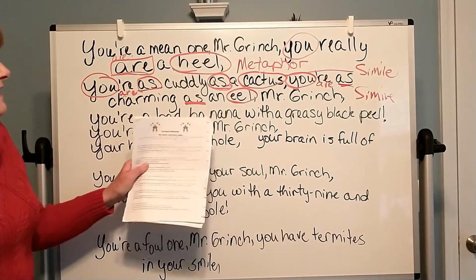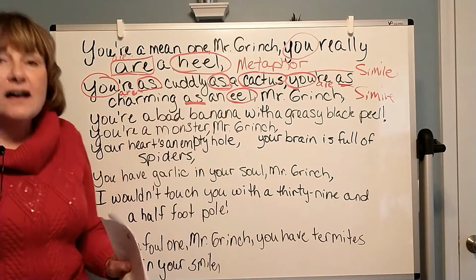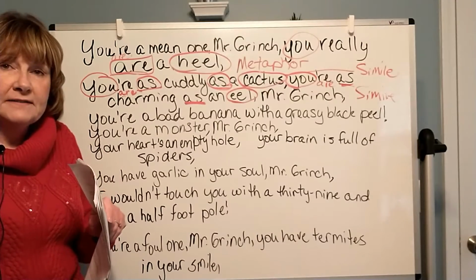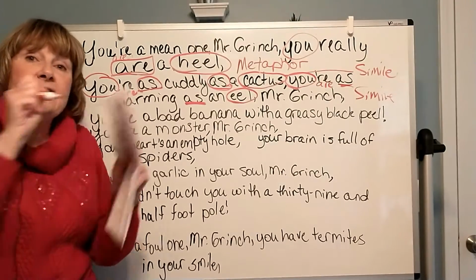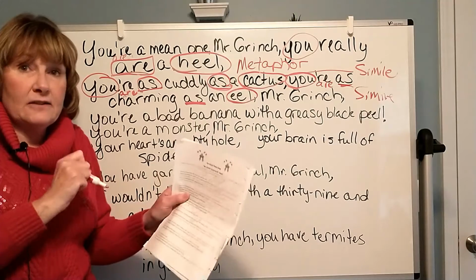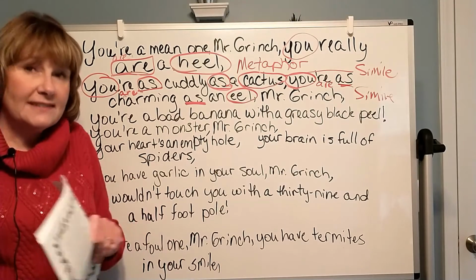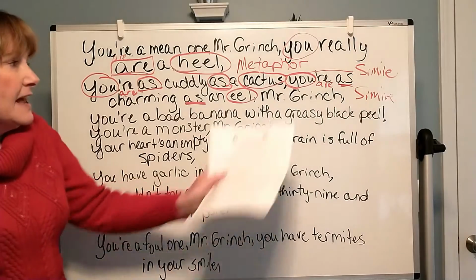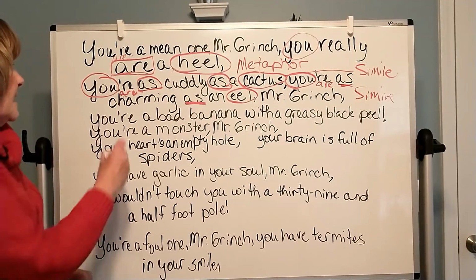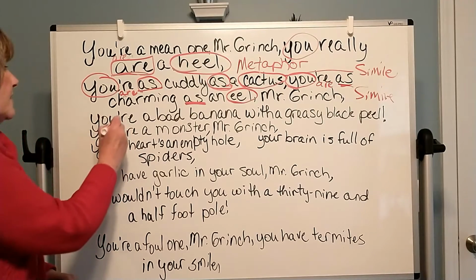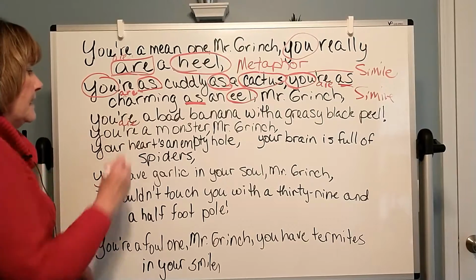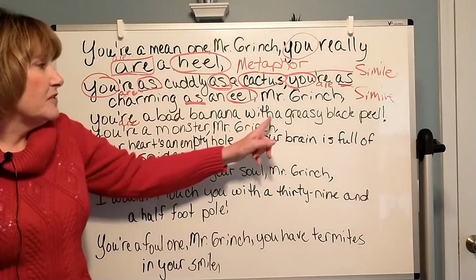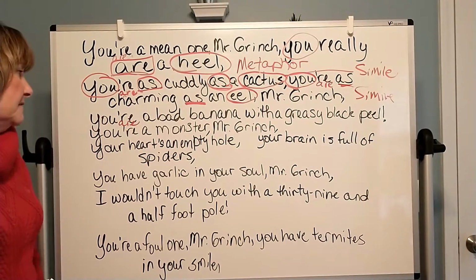Now, if it said you are an eel, and it only had are, and it's saying that he is an eel, then that would make it a metaphor instead of a simile. But this one has as charming as an eel, and it makes it a simile. Now again, we have our contraction, your, so this is you are, and then it says you are a bad banana with a greasy black peel.